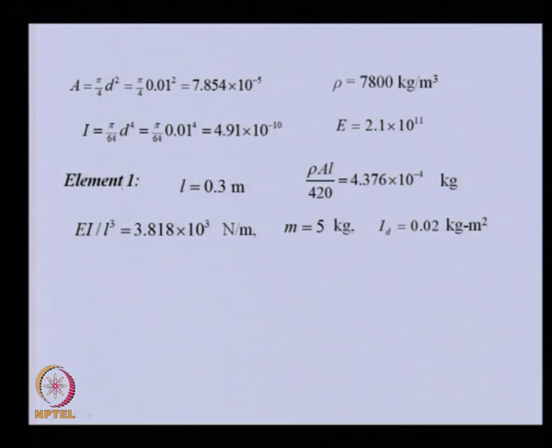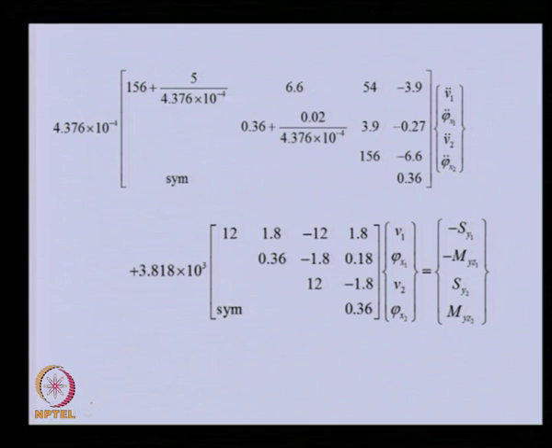For element 1, because the dimensions are given, this is the elemental length, and this is the elemental equation. This is the mass matrix, this is the stiffness matrix, and this is the reaction torque. In this particular case, we are not considering any external force.